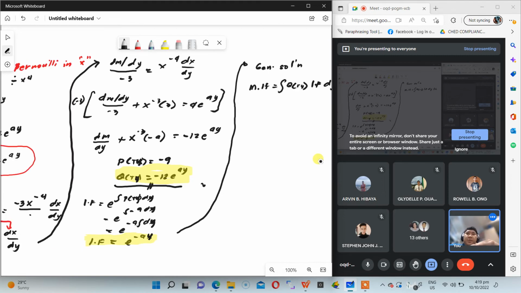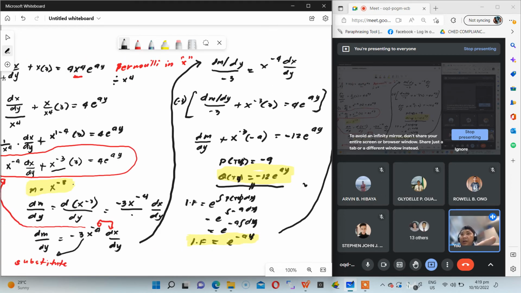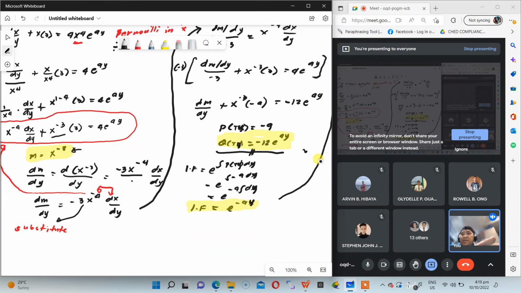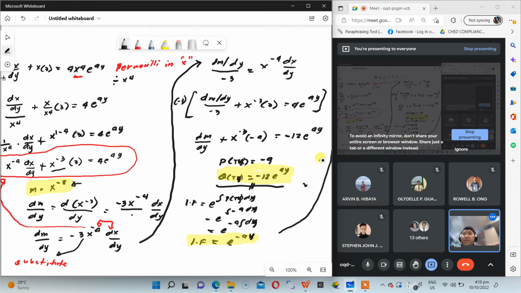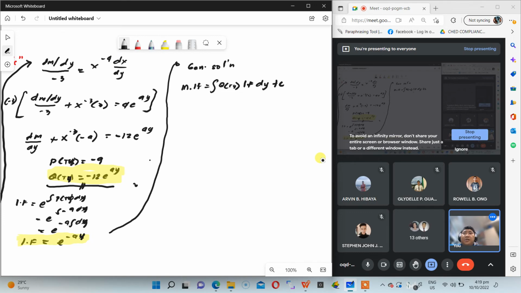So our m is here, x raised to the power of negative 3. Integrating factor is e raised to the power of negative 9y equals, the q here is negative 12 e raised to the power of 9y, times the integrating factor e raised to the power of negative 9y dy plus c.